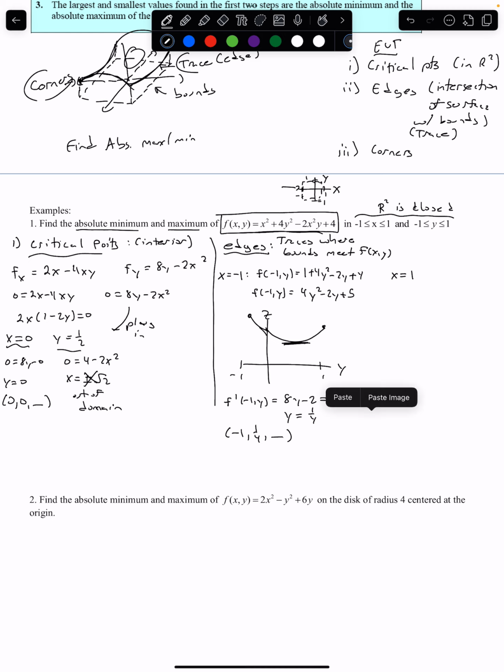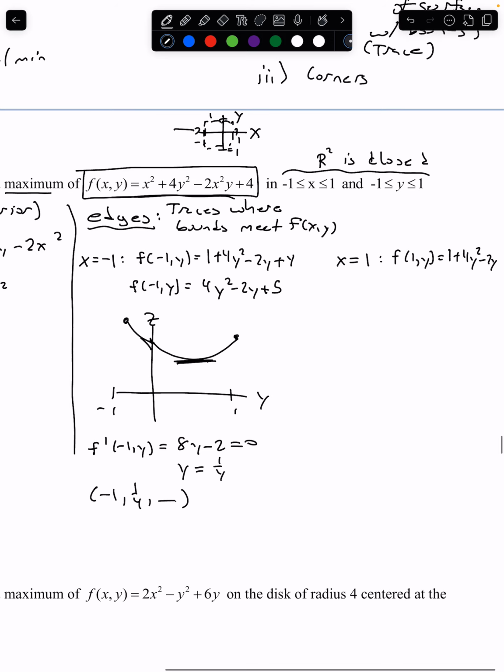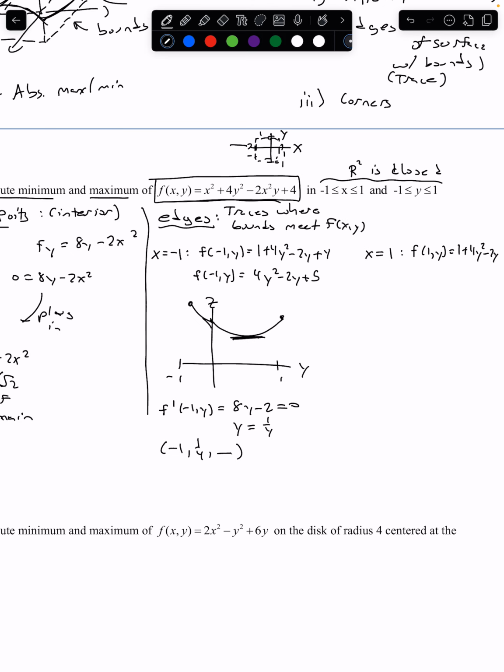And if x is +1, we would get f(1, y), and you notice it's going to be kind of the same thing here. Let me restart that over again.